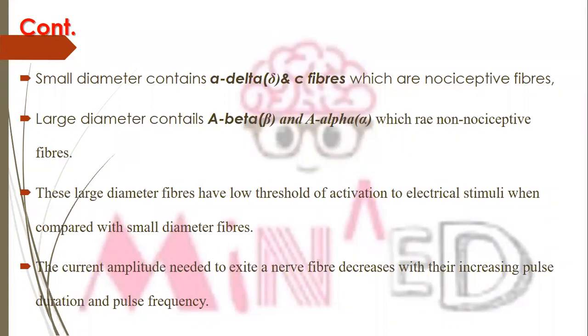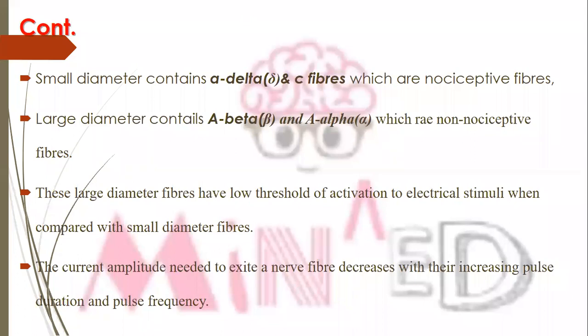Small diameter fibers, having A delta and C fibers, are the nociceptive fibers. Nociceptive fibers are the fibers which carry the pain from the area of the pain to the CNS. And the large diameter fibers, that is A beta and A alpha fibers, are non-nociceptive fibers. These large diameter fibers have a low threshold of activation to electrical stimulation when compared with the small diameter fibers.